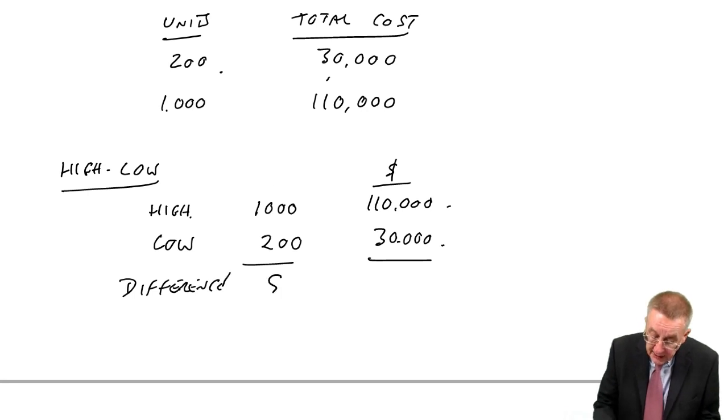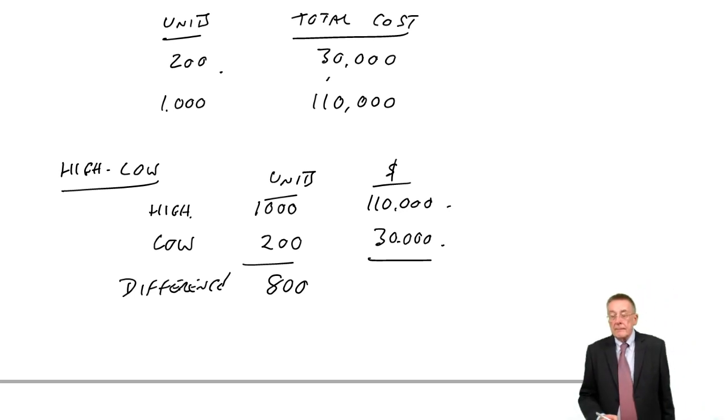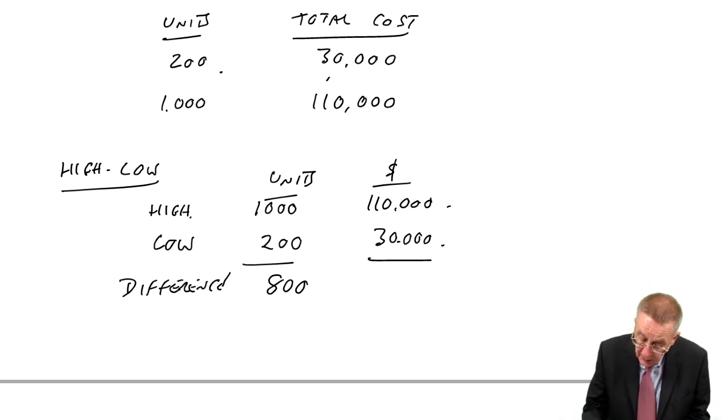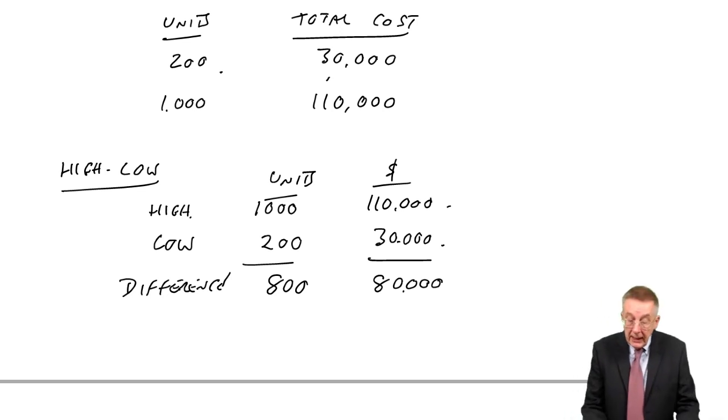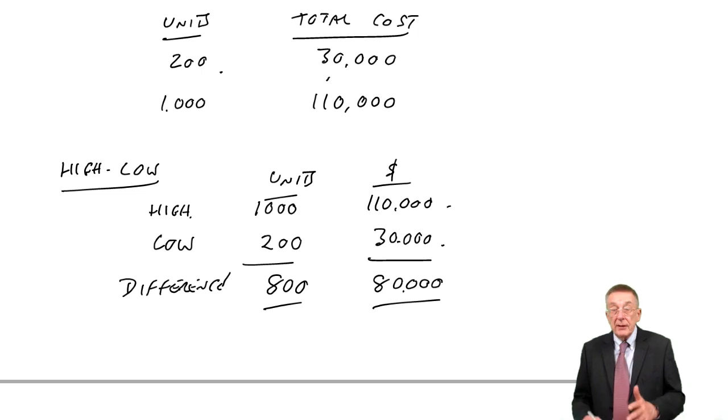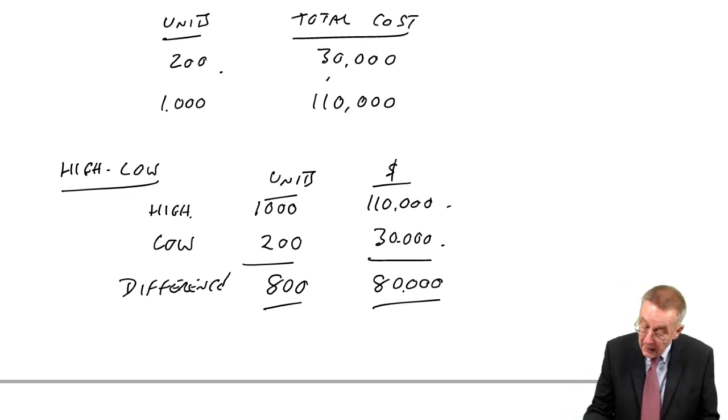And we say the high one had 800 more units. And there was an extra cost of 80,000. And again, because the fixed cost isn't changing, that 80,000 must be the extra variable cost of those extra units.